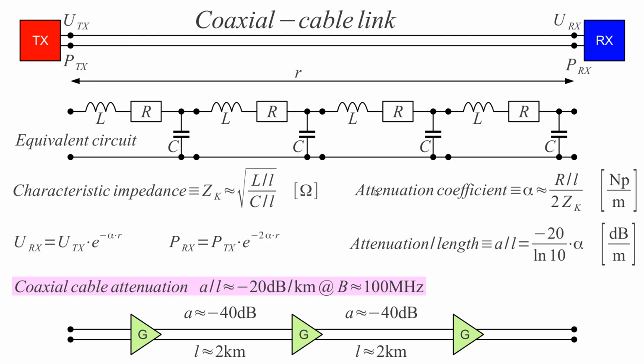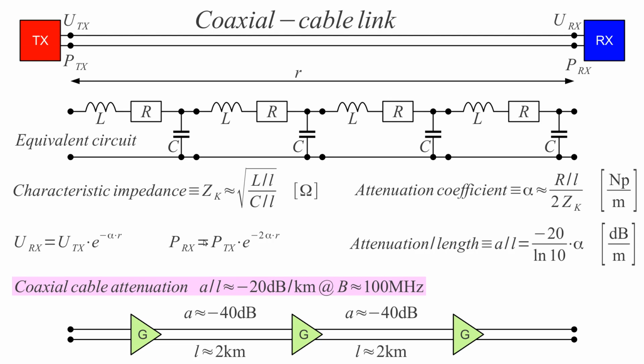The attenuation coefficient alpha is the resistance per unit length divided by twice the characteristic impedance of such a line. Since this is a mathematical derivation, it's given with exponential functions, or natural logarithms the other way.